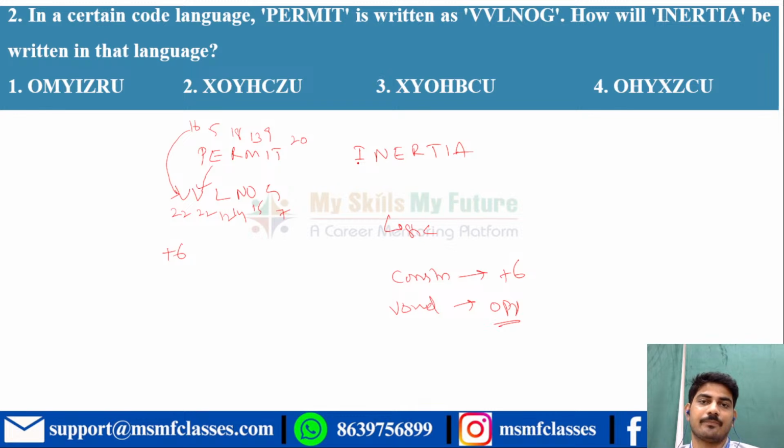So I is A, E, I, O, U. So I am getting the answer as O, M. So okay, plus 6, opposite letter, minus 6, opposite letter, plus 6, opposite letter. So this was the pattern we are following here. And if I apply the same pattern here, we get the answer as O, M, Y. So that is the first option answer we get.